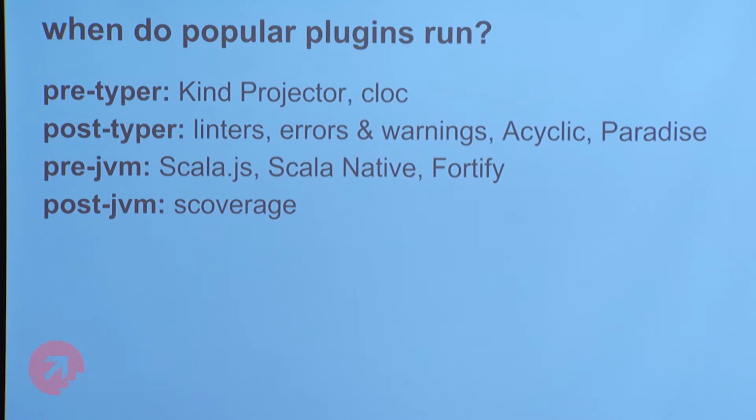Alternative backends like Scala.js and Scala Native run right before bytecode generation. And I could only find one example of something that ran after bytecode, which is scoverage. So that injects instrumentation into your bytecode. So hopefully that will help you decide when your plugin should run.